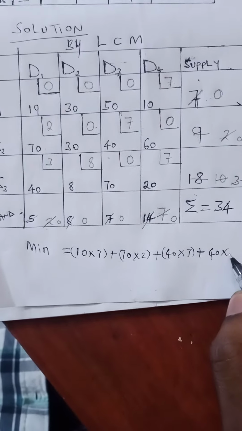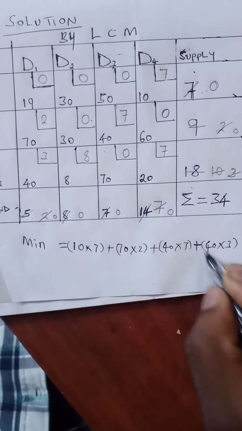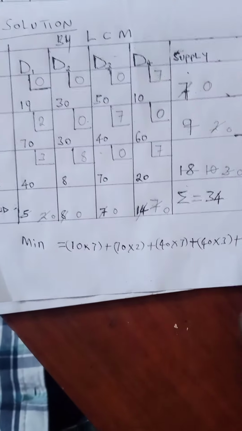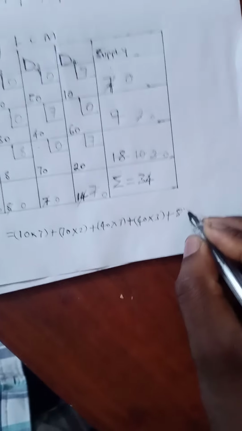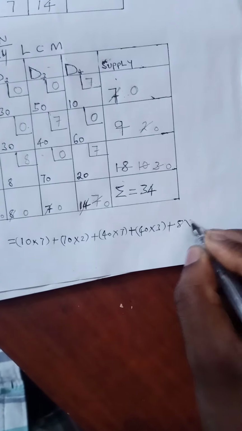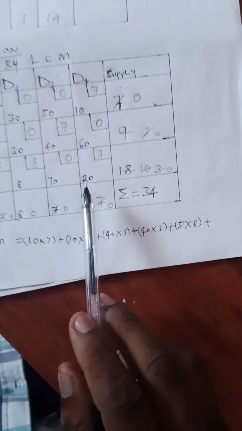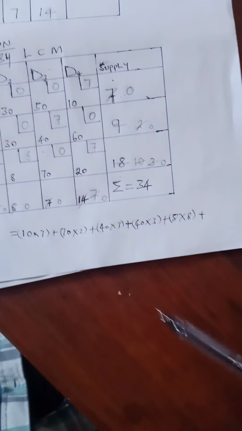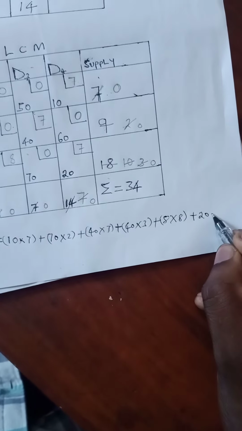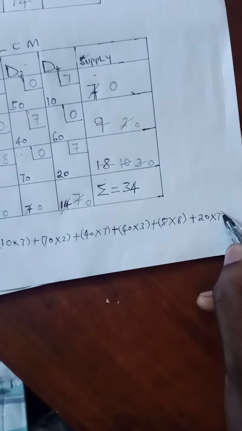times 3 plus this and this equals 8 times 8, then plus this and this becomes 0, then it becomes this and this. We have 2 times 7.